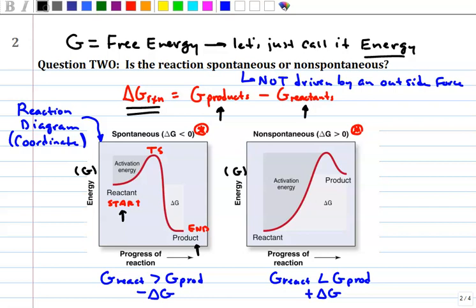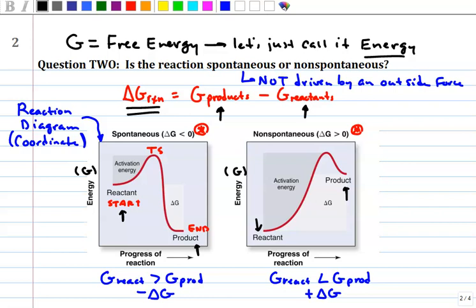Well, look at the energy of the reactant. Look at the energy of the product. Clearly, the energy of the product is higher than the energy of the reactant. So delta G is going to be positive because delta G equals the energy of the products minus the energy of the reactants. So the one on the right, you have a positive delta G.